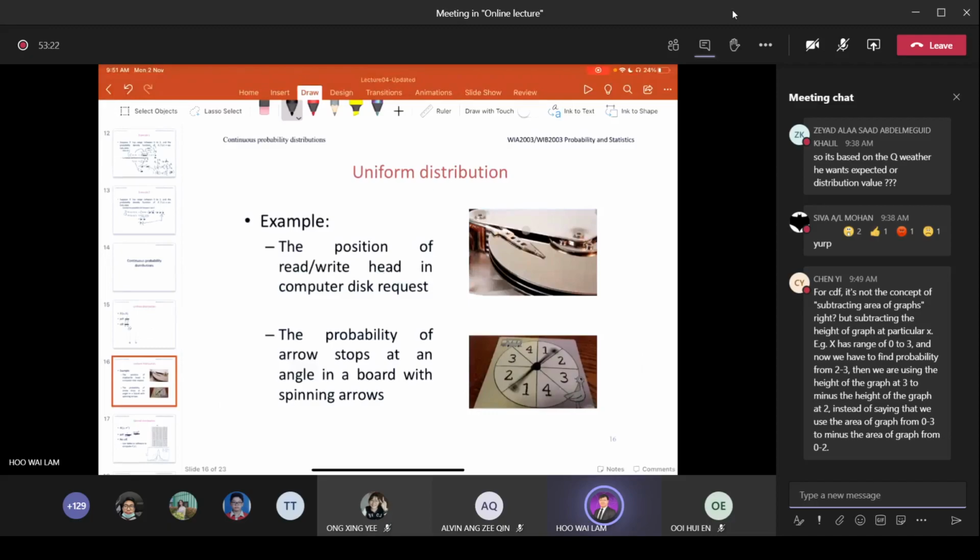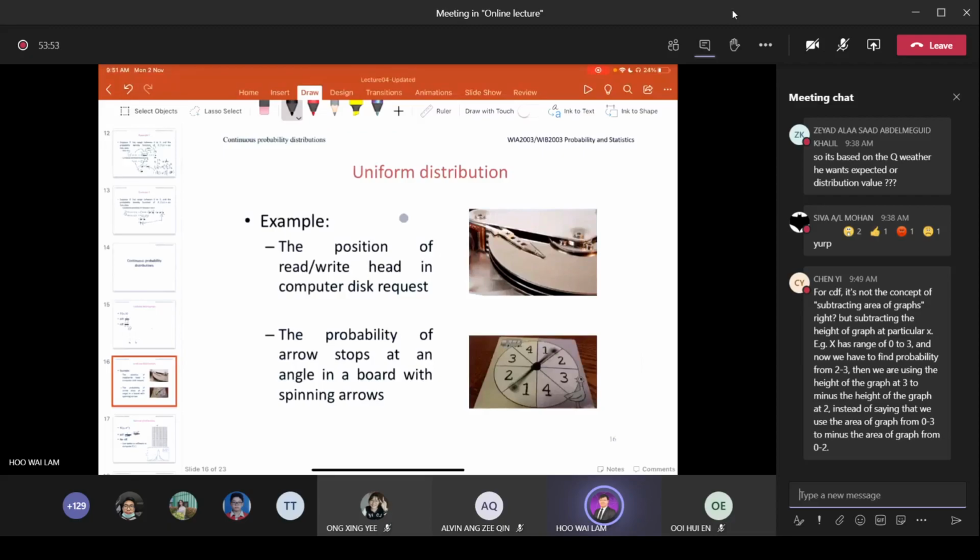If you know how a computer hard disk works, it has a reading disk trying to read the data from the magnetic disk. There is a head that goes down and reads the particular data. Every time you read, the position moves randomly, and this randomness follows a so-called uniform distribution. That's why it can be modeled using this.